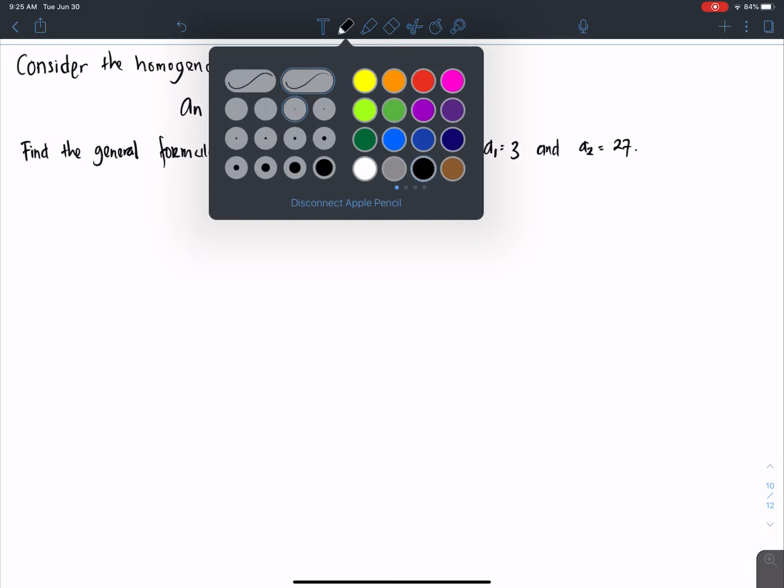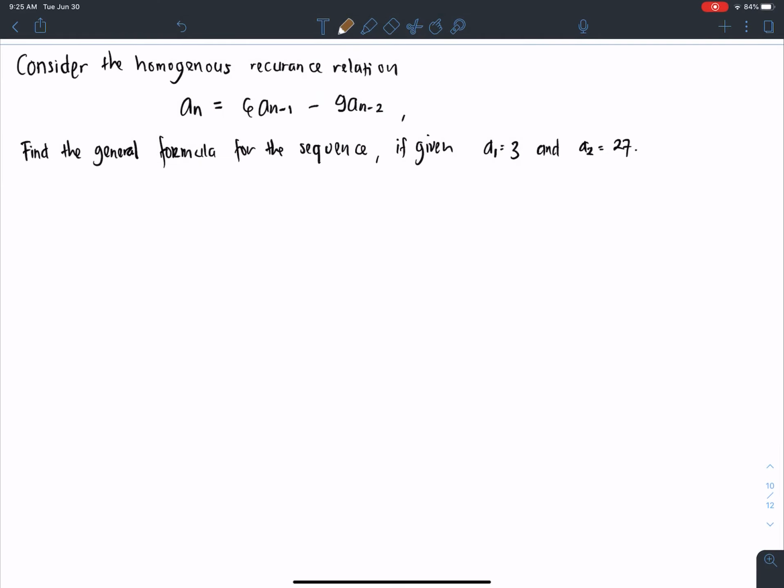So when the roots are different, the general form will be a_n = C1 R1 to the power of n plus C2 R2 to the power of n. This one we use if the roots of the polynomial are different.